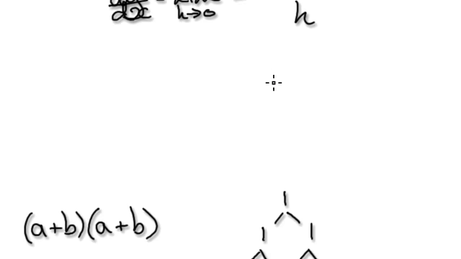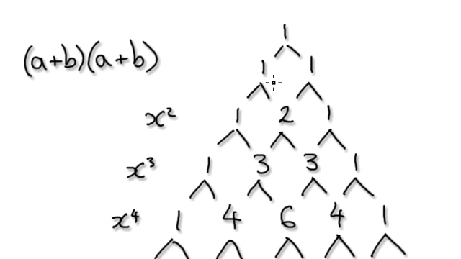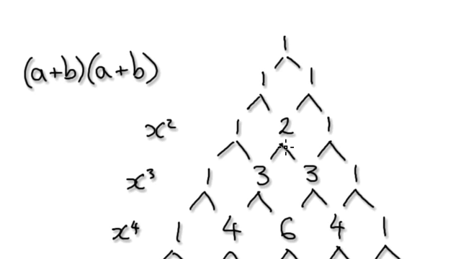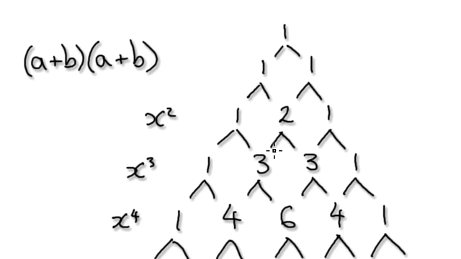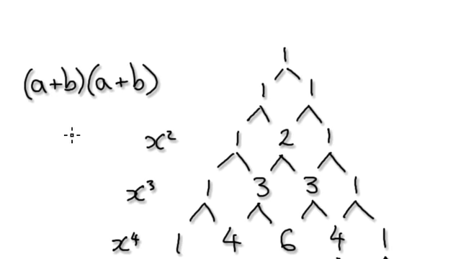Okay, let me give you some exercise to do in order to understand that. When you look at this Pascal's triangle here, if you want to do, let's say, a plus b squared, you would use Pascal's triangle.